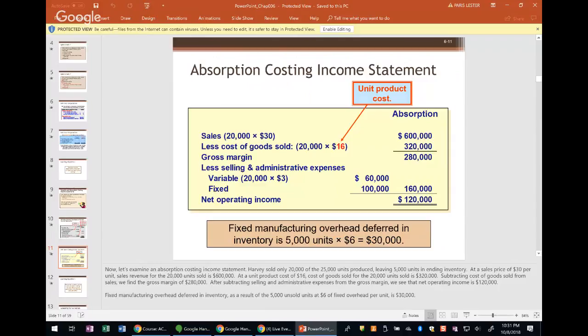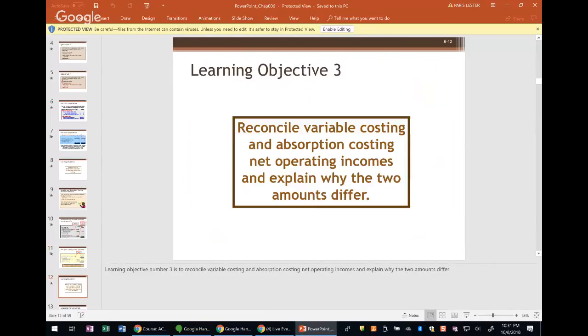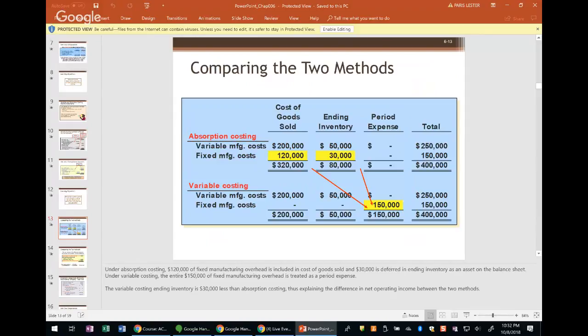You have an ending inventory of 5,000 units valued at $6, and that's your 30. 30 from 120 would leave you 90. That's a way of reconciling it. And they're trying to show you how it differs. Fixed manufacturing overhead is the 30,000. And that will make the difference in the 90 and the 120. Right, on this one, 80 and 50, 30,000 difference.